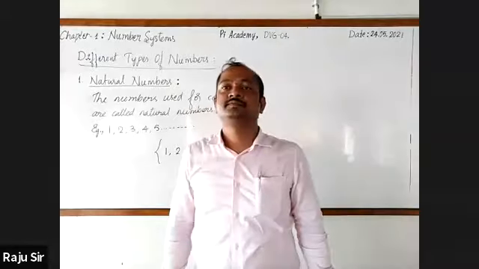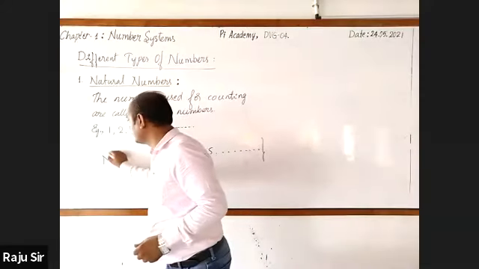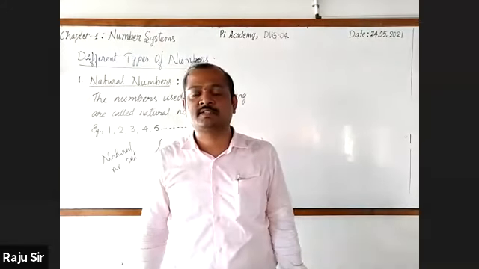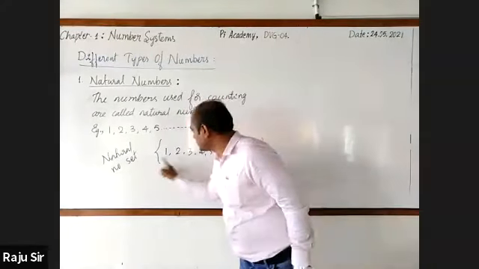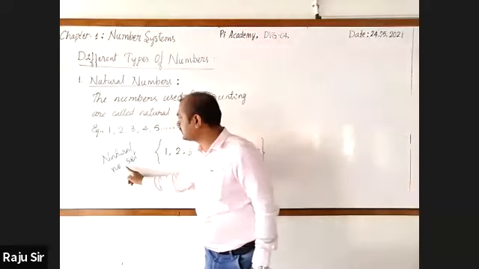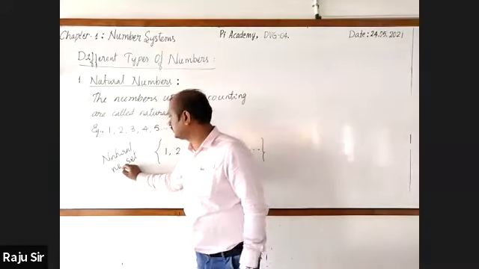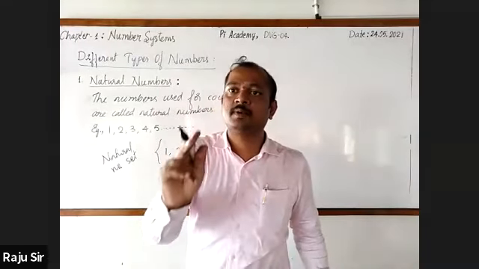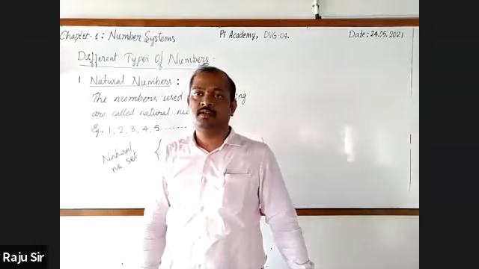Set is a collection of well-defined objects, which you have learned in your previous classes. So it is a collection of natural numbers; therefore, it is a natural number set. This collection of natural numbers is denoted by the symbol N.